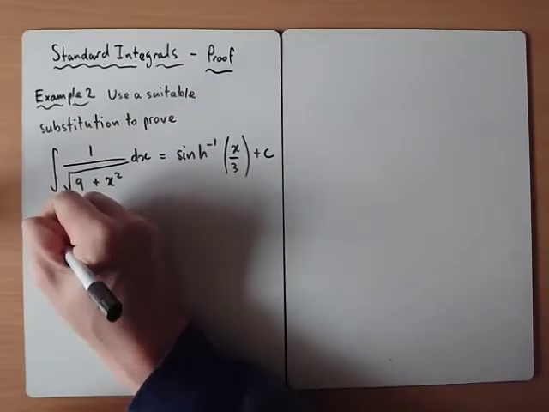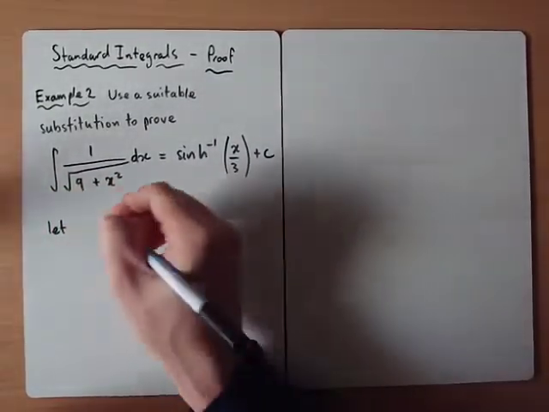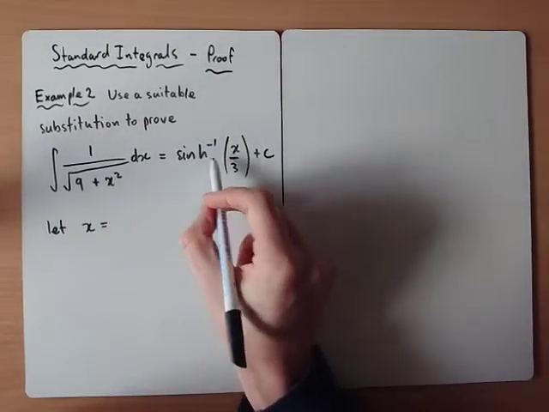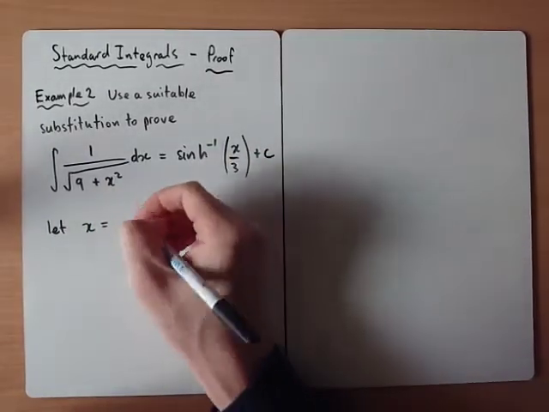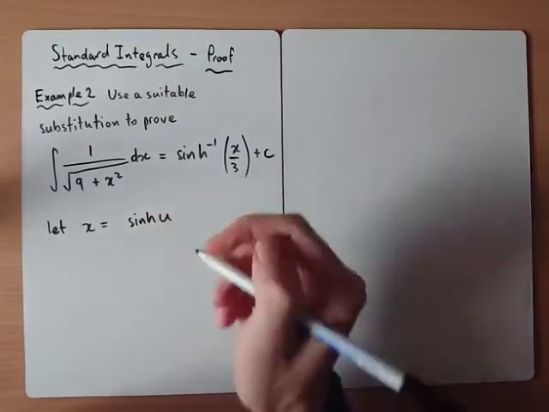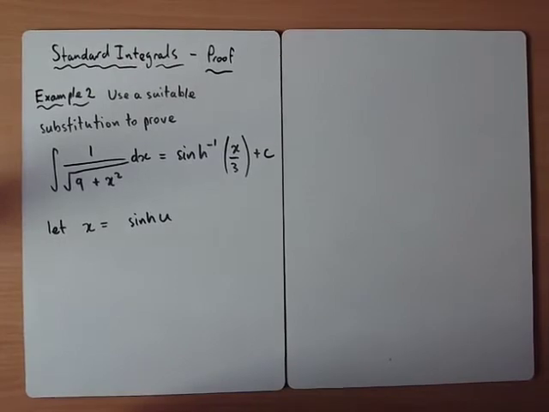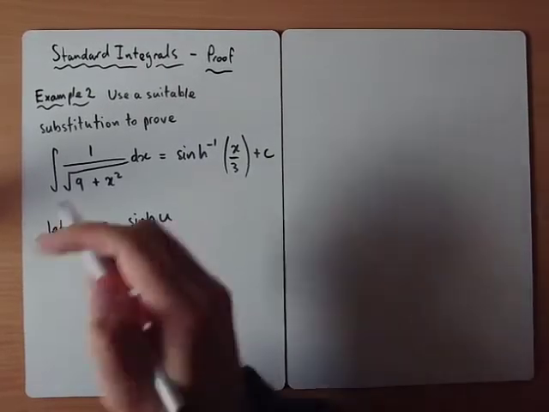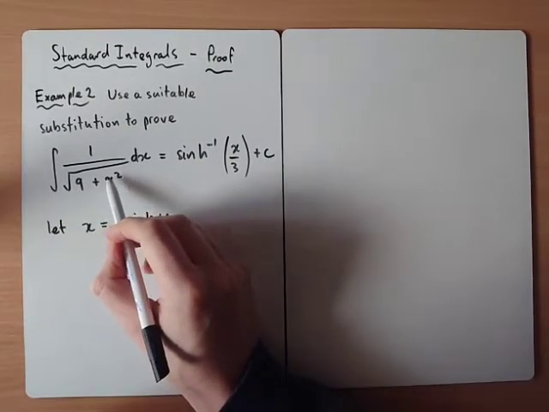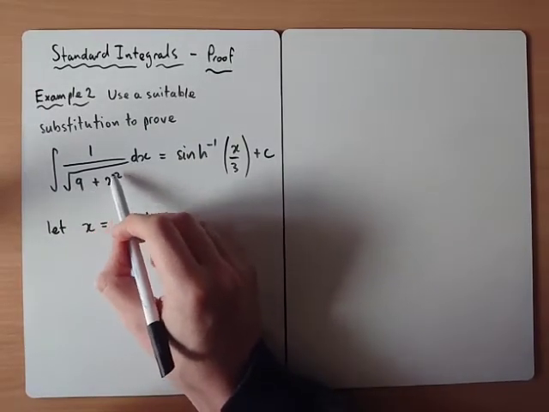So let's let x equal, we know it's going to be a sine inverse, so we know it's going to be a sine substitution. But it's not just sine, okay? If we try to just visualize what happens, if you sub sine in here, you'd get 9 plus sine squared.